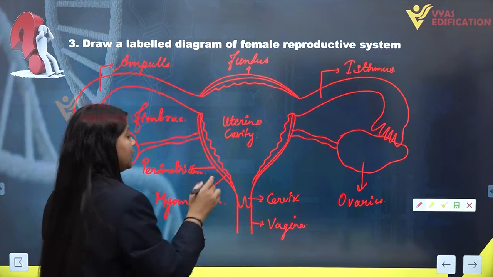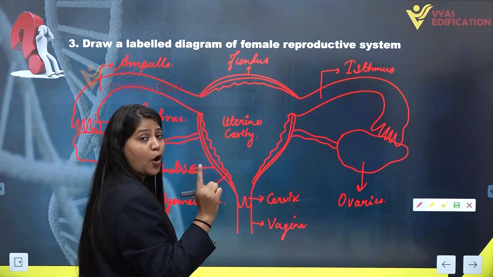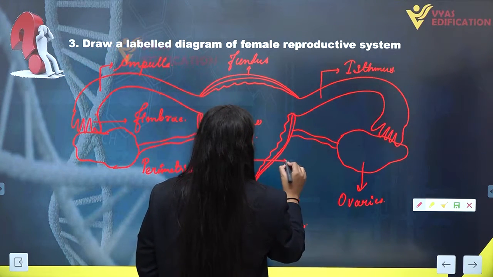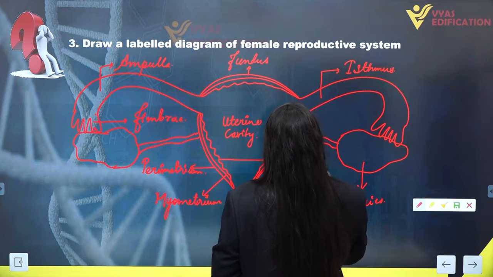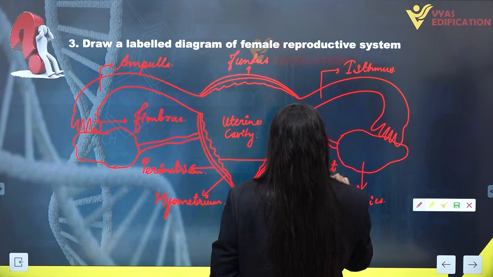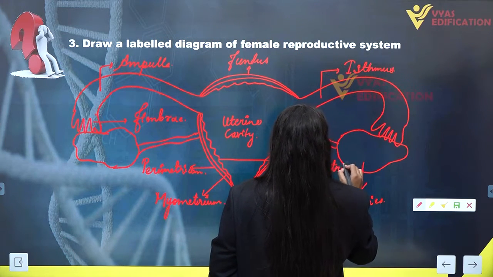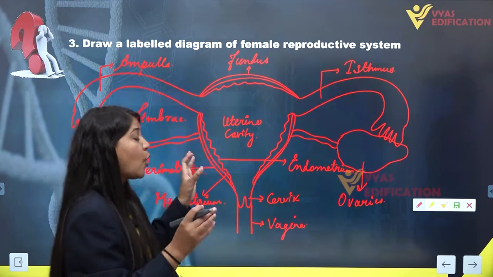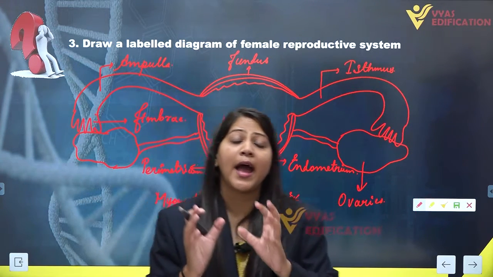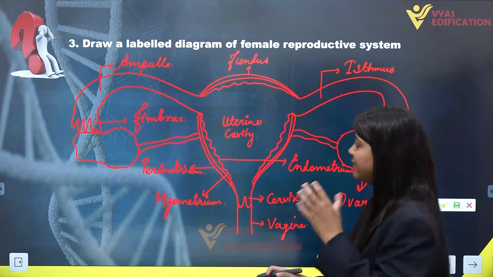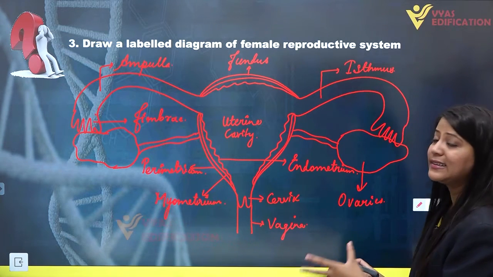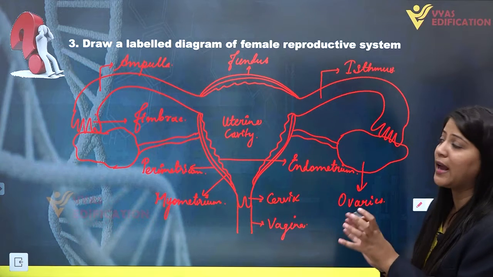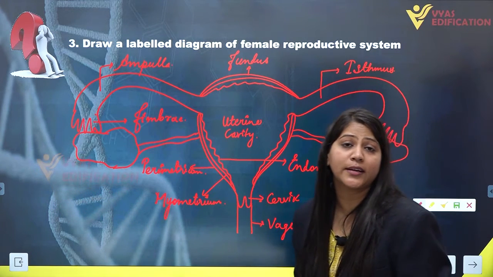Then the innermost layer of the uterus is endometrium, which undergoes cyclical changes and supports pregnancy as well as the menstrual cycle. So this is the complete labeled structural diagram of the female reproductive system.